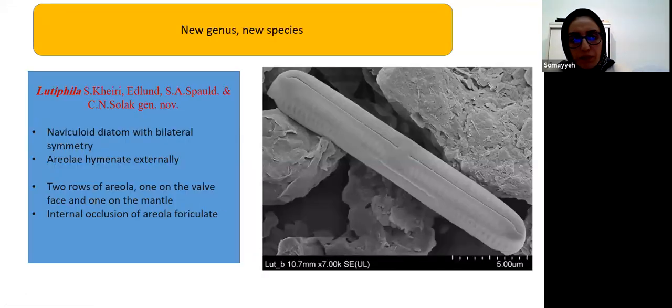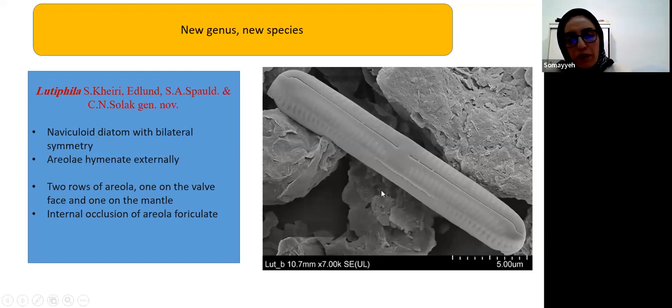And we found some new species, and we described a new genus, and we called it Lutiphila. This new genus is characterized by bilateral symmetry, hymenate areola externally, 2 rows of areola, 1 on the valve face and 1 on the mantle, and the internal occlusion of the areola that is auriculate.